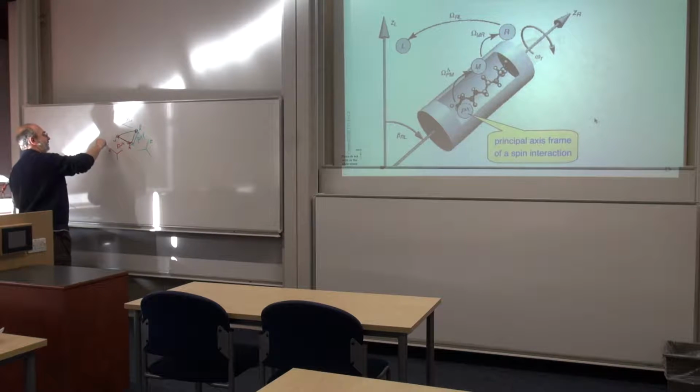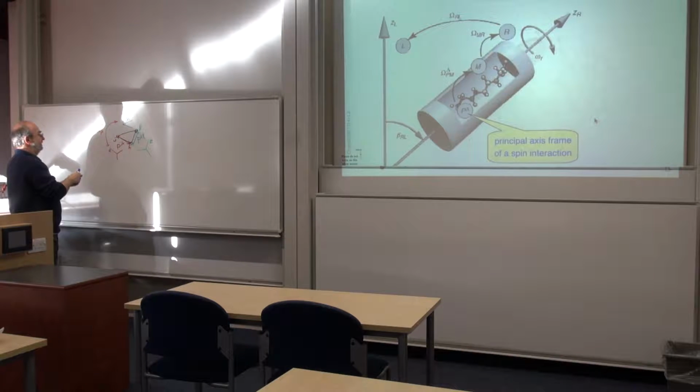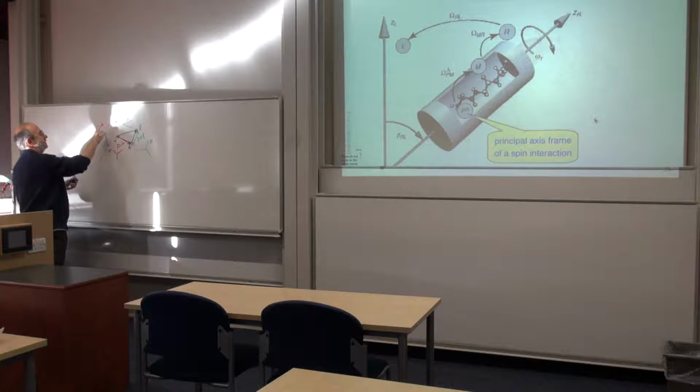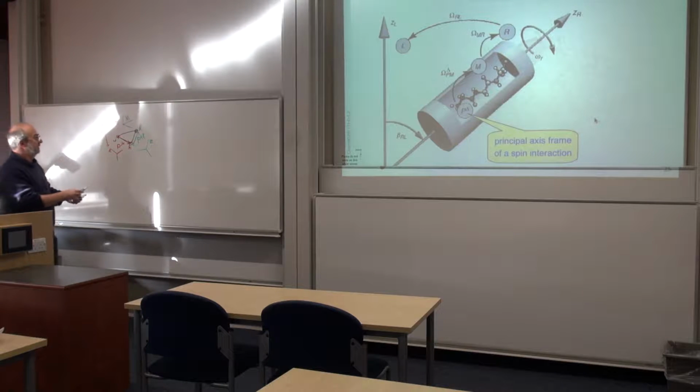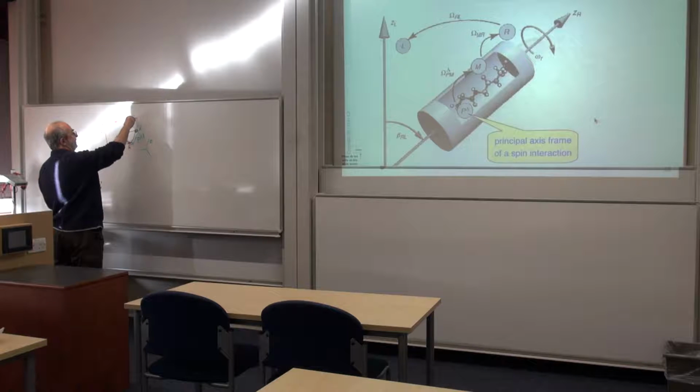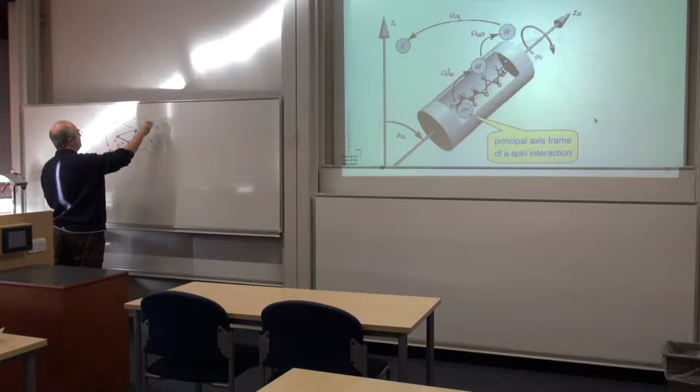And we would define Euler angles relating the principal axis system of JK to the molecular frame M, and we'd need another set of Euler angles relating the principal axis frame KL to the same molecular frame M.